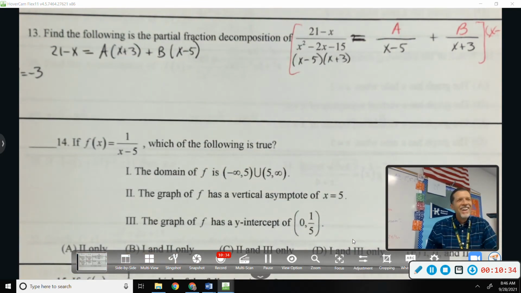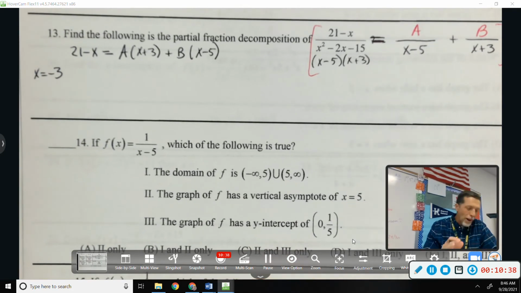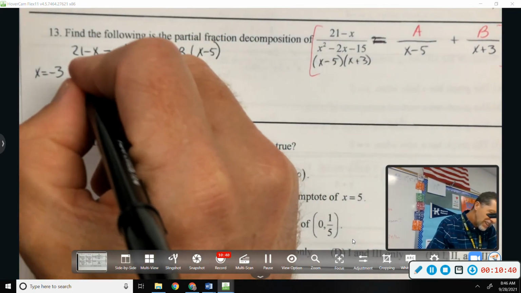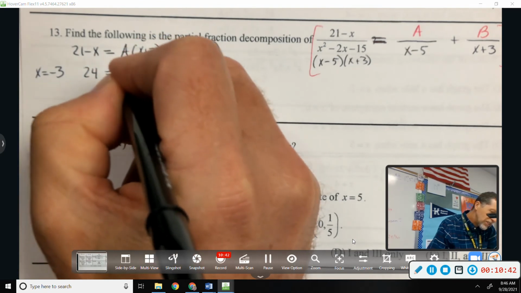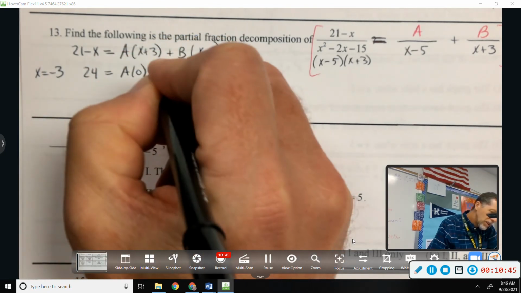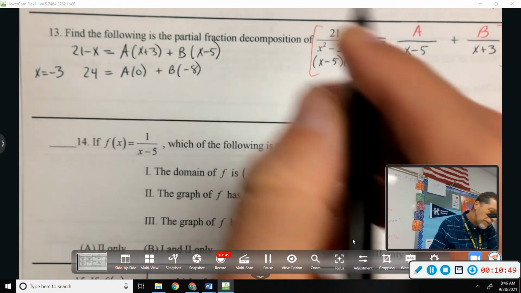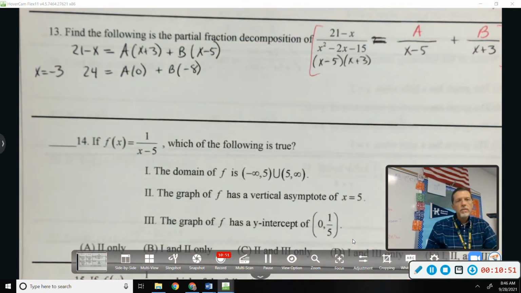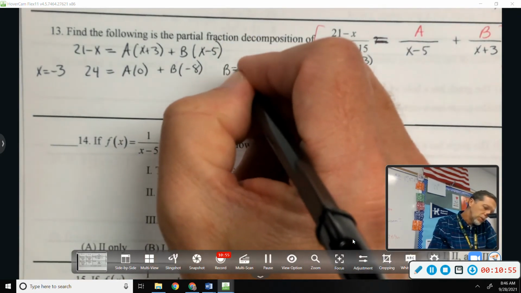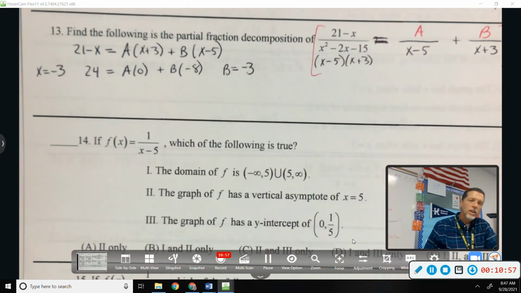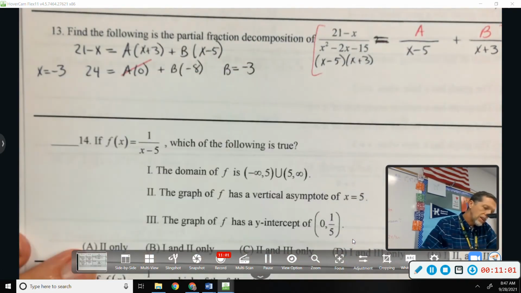I swear they're like purposely doing it. Let's try x equals negative 3 because that will wipe some stuff out. So 24 equals a times 0 plus b times negative 8. So that means that b is equal to negative 3 because we wiped out the a term.